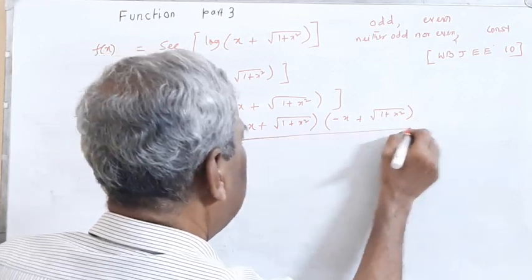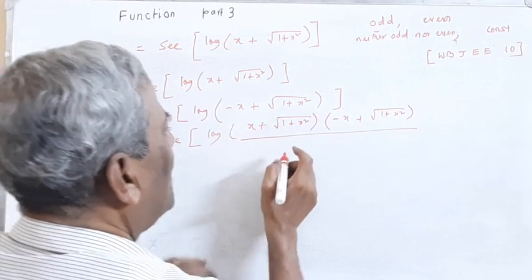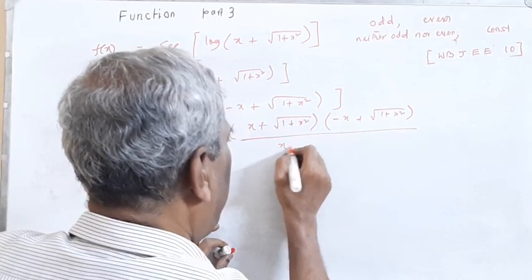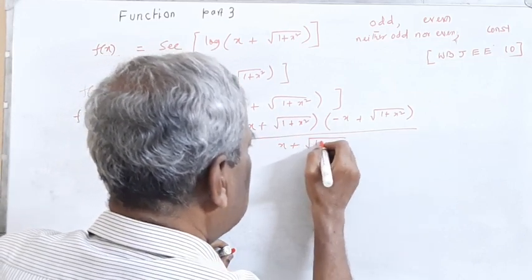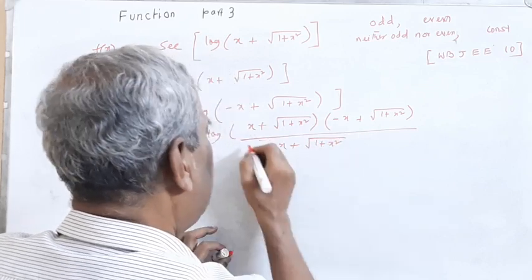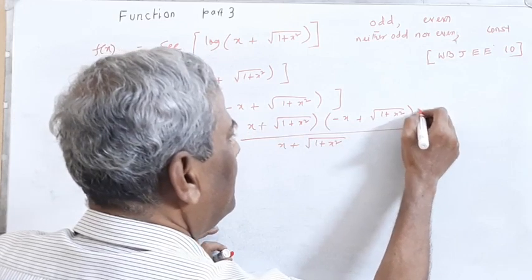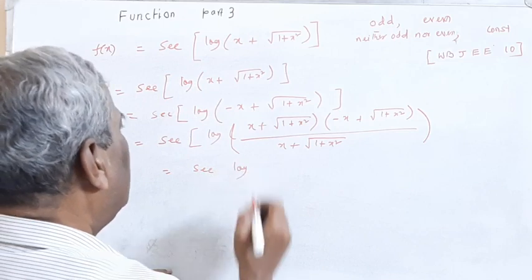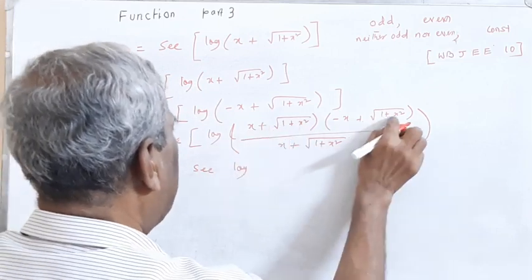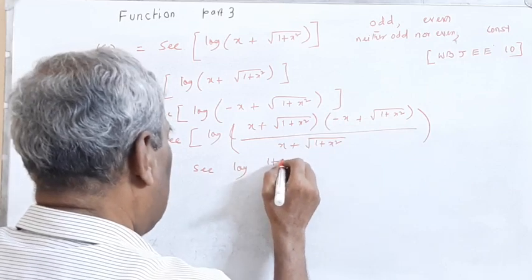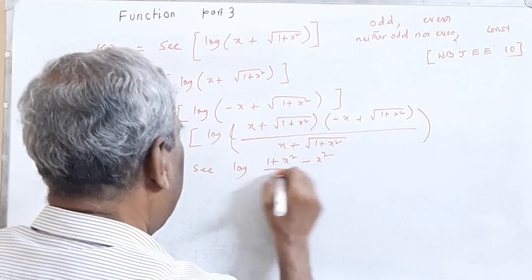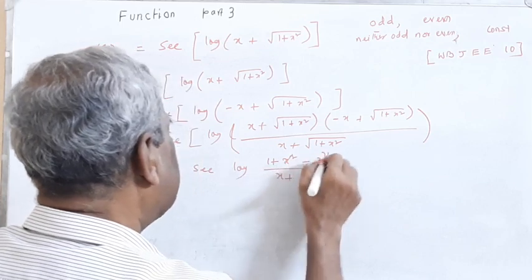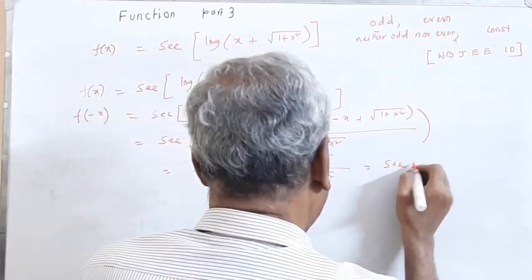Actually we have multiplied in the numerator by that, so for balance, it is equal to sec of log of, in the numerator a plus b into a minus b, so it is a square minus b square divided by 1 plus x square. This cancels.